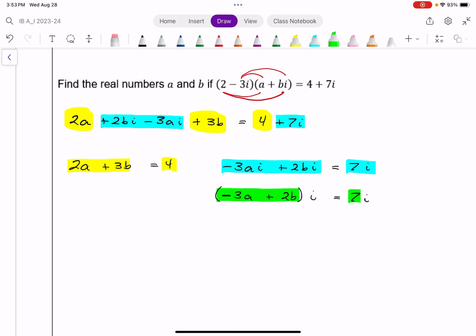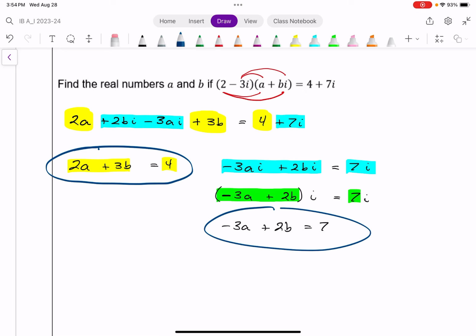Which means if you look at these, I now have a system. I have an equation here, 2a plus 3b equals 4. On the other side, I could simplify this down to -3a plus 2b equals 7. And I can now solve a rather simple linear system with 2 unknowns.